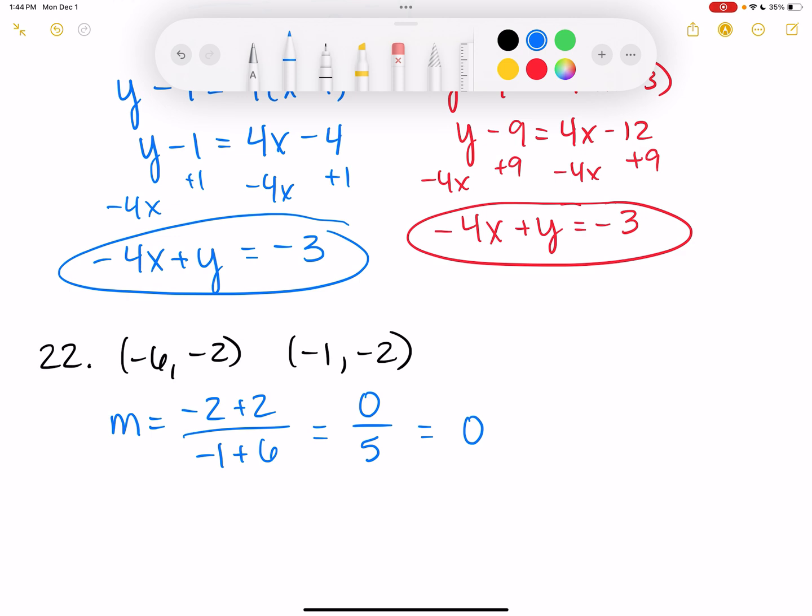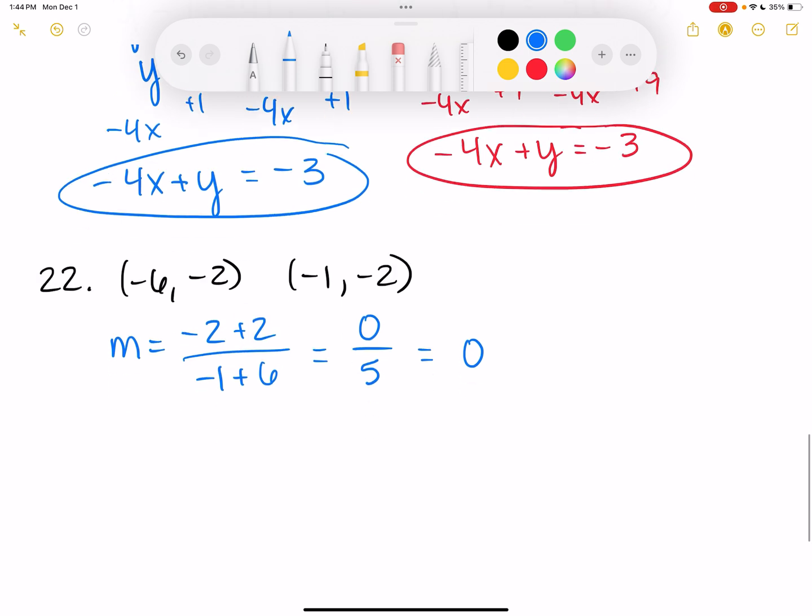So 0 goes this way. So that means that I have y plus 2 equals 0 times x plus 1. That just goes away, so y equals negative 2. Pretty easy.